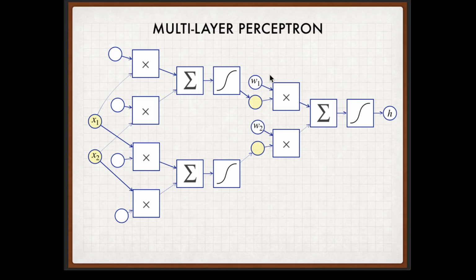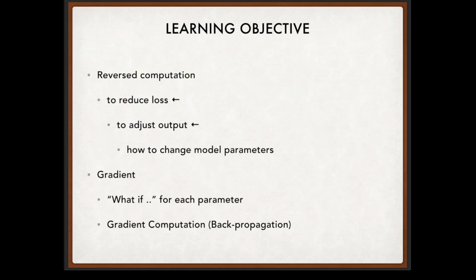and then we have an output, and we want to consider what training the parameters in such a network means.